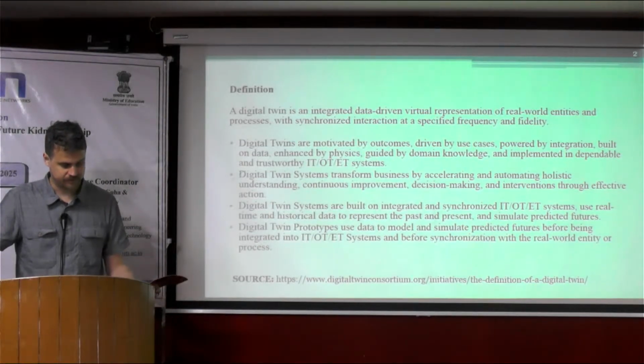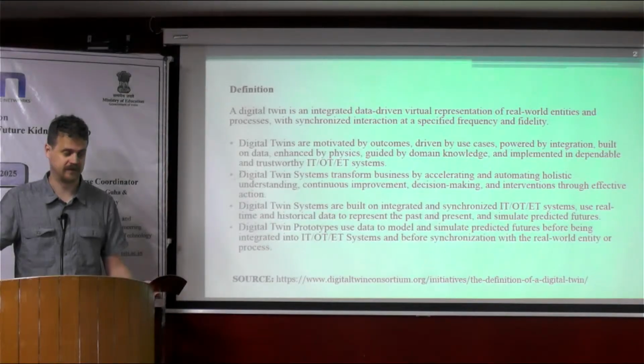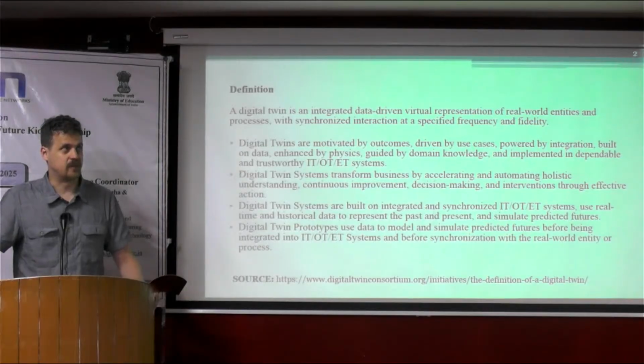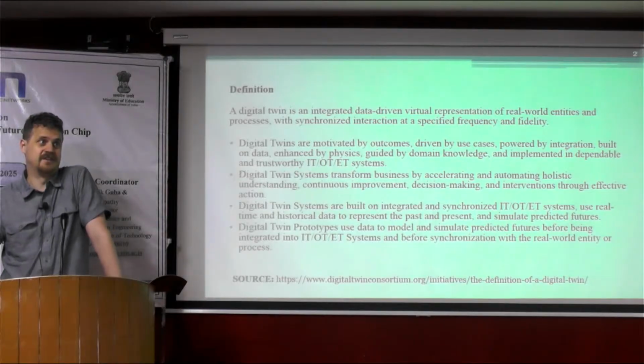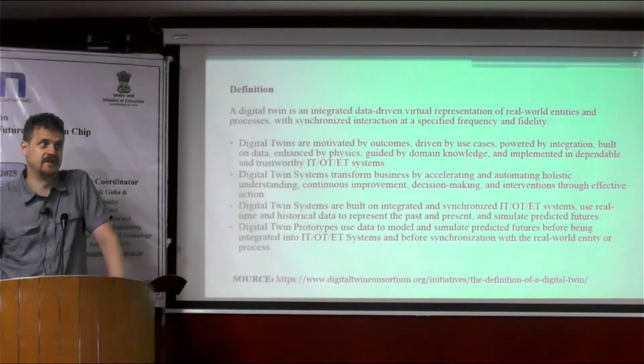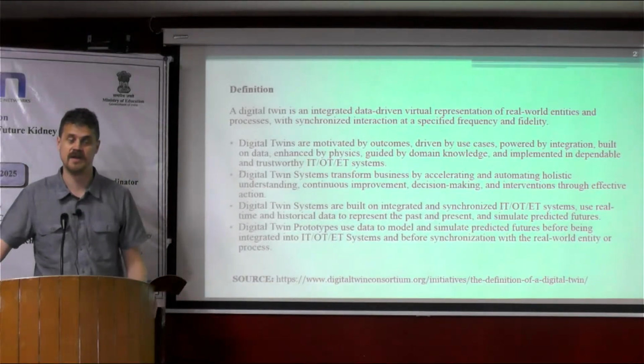So a small historical background. Despite the fact that the term digital twin appeared relatively not that far, somewhere at the beginning of 2000s, the concept of digital twin started to be implemented in NASA space programs, specifically in the Apollo programs, to actually imitate the behavior of the spaceship, especially in this situation when there is no way to monitor the feedback from the apparatus when it's far away from the Earth.